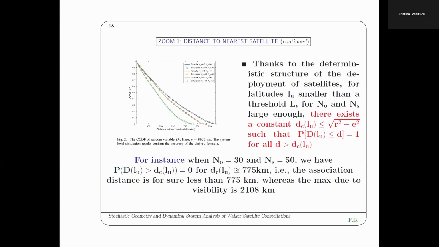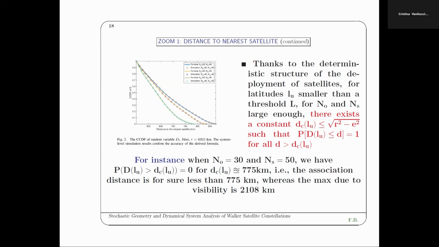And here already you see something quite interesting, is that there is a cap. If there are sufficiently many satellites, for instance, here N0 is 30 orbits with 50 satellites per orbit, then there is a d_c, a critical value of d, which is about 770 kilometers, above which you never find, you will always find a satellite below this quantity, right?